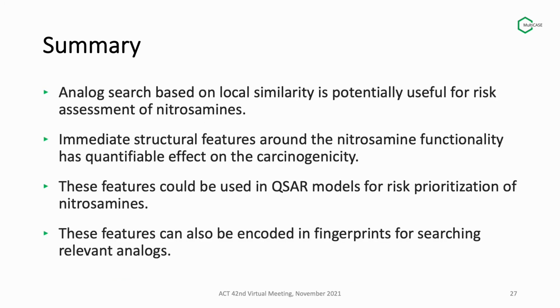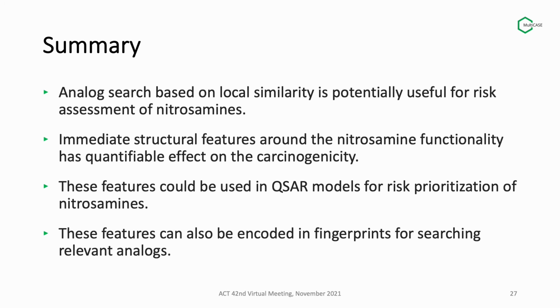So in summary, we can say that the analog search methods, which are based on the principles of local similarity, are potentially useful for carcinogenicity risk assessment of nitrosamines and prioritizing them. The structural environment in the vicinity of the nitrosamine functionality has a quantifiable impact on their potency.